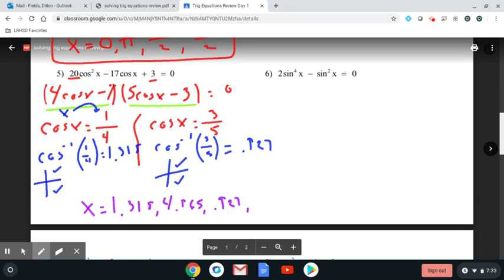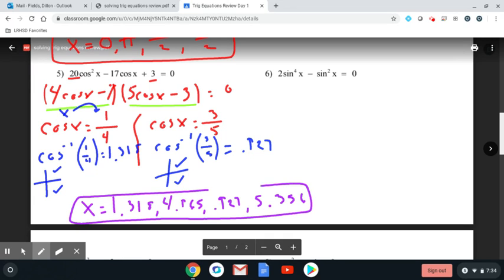And quadrant number 4, just like we talked about, take 2 pi minus the reference angle, and that's going to give us 5.356. And these are our 4 solutions to this problem.